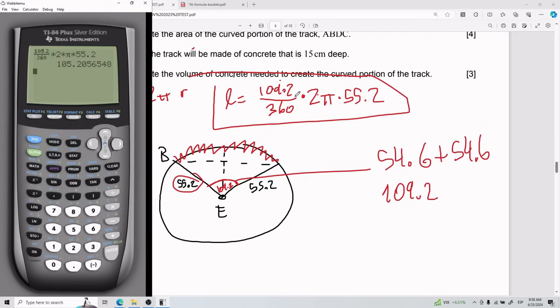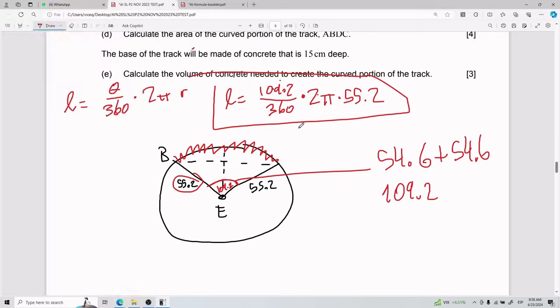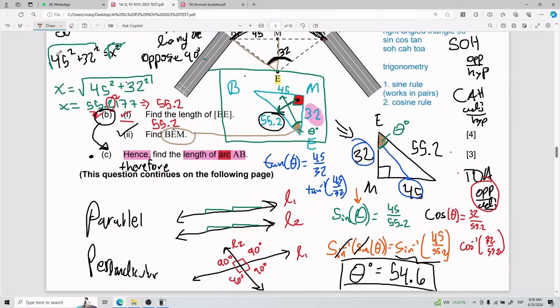Bada bim, bada boom, the length of the arc is going to be 105.205, is what we got, right? And if you count three significant figures, you count 1, 2, 3. Do you round it up or keep it the same? You keep it the same. And so for part C, therefore, we have an arc length of 105 meters. Okay, so that is for part C.